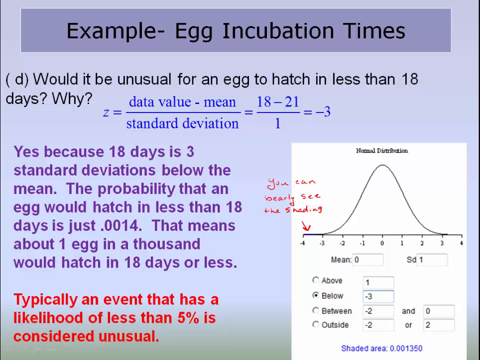That means about 1 egg in 1,000 would hatch in 18 days or less. Typically, an event that has a likelihood of less than 5% is going to be considered unusual. You could see if you ran a big egg production farm, it might be interesting to know this information.